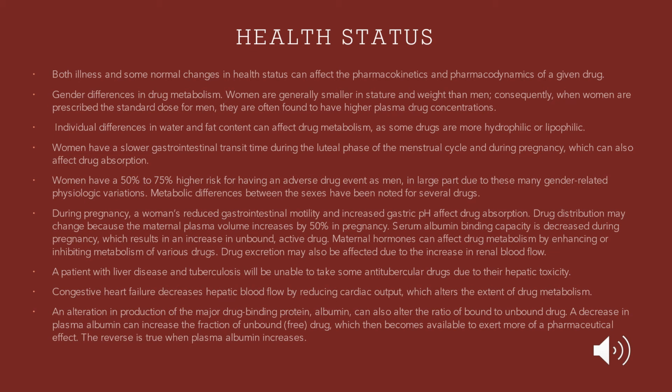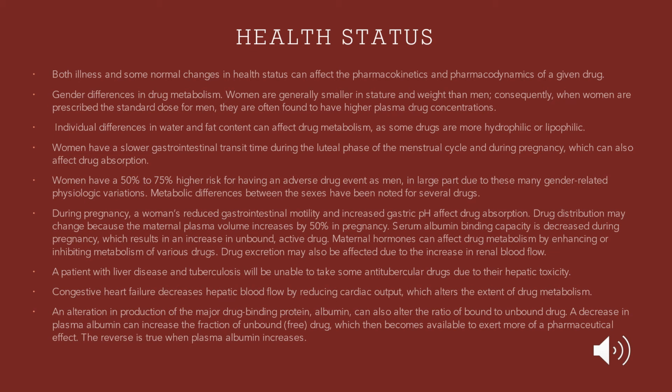Both illness and some normal changes in health status can affect the pharmacokinetics and pharmacodynamics of a given drug. Gender differences in drug metabolism may relate to several factors. Women are generally smaller in stature and weight than men. Consequently, when women are prescribed the standard dose for men, they are often found to have higher plasma drug concentrations.